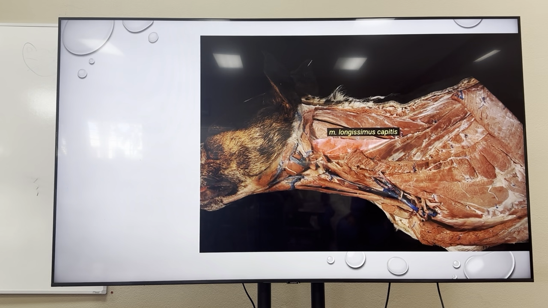Longissimus capitis. This is the most cranial portion of the longissimus system. It comes all the way from the transverse process of T1 to T3 to insert on the mastoideus part of the temporal bone.